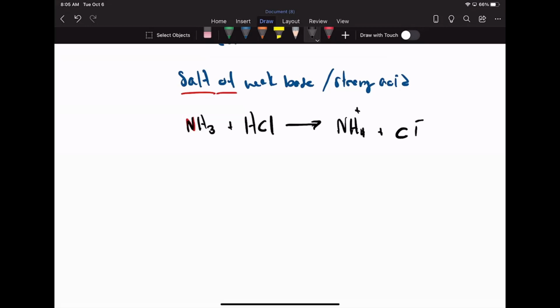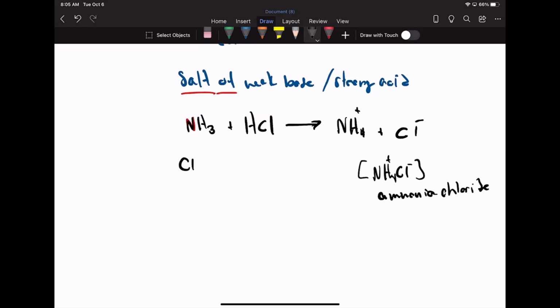Now, we can also look at this compound as NH4 plus Cl minus here, and this is just going to be some ammonium chloride. But when we look at this, we have our strong acid, weak base, and then we get this conjugate acid, conjugate base.